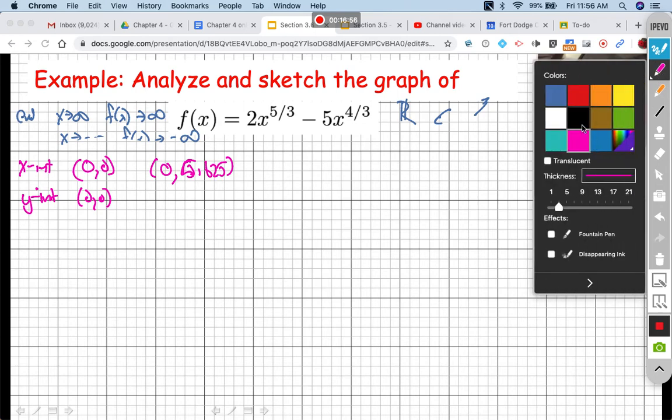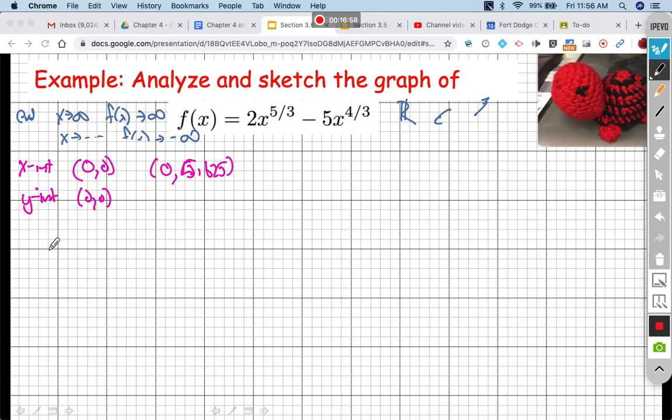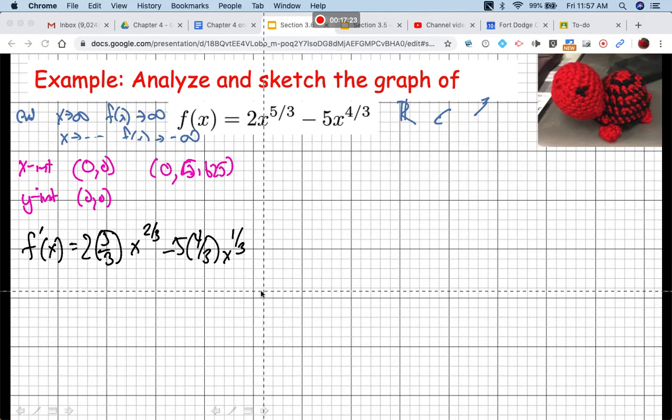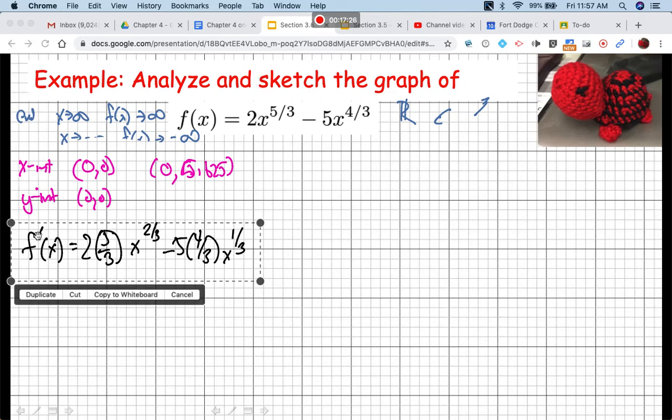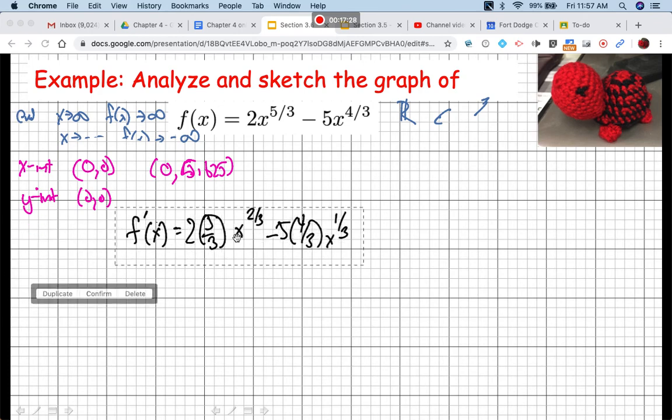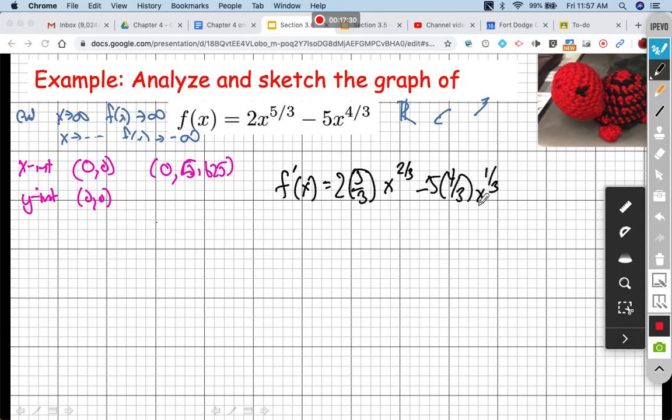Now let's go with our derivatives. At least the derivatives are easy on this one, right? 2 times 5/3 times x to the 2/3 minus 5 times 4/3 times x to the 1/3. Again, why am I doing it this way? I'm forgetting what I'm doing already. It makes it so much easier if I do it this way. Okay.